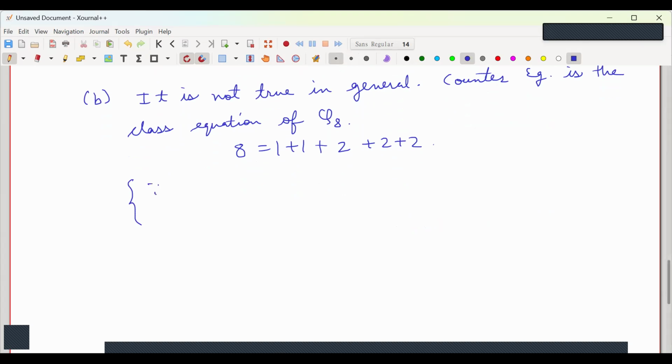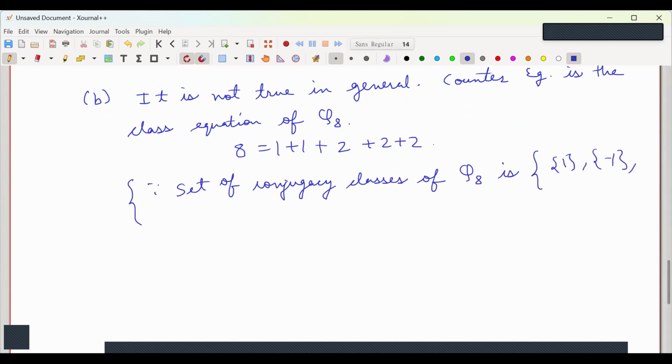This is because the set of conjugacy classes of Q8 is just the trivial ones, then I and minus I, then J and minus J, and then K and minus K, right?